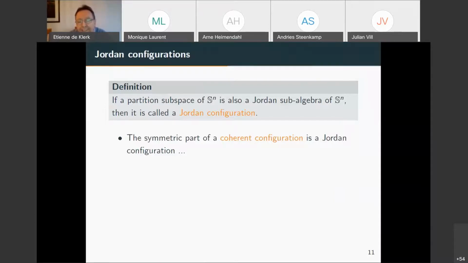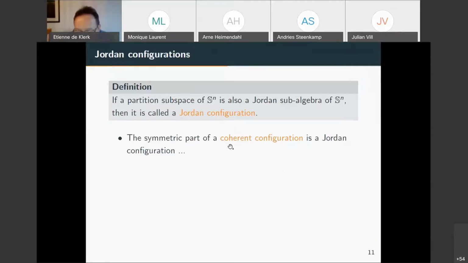So it's a kind of generalization of the idea of Jordan configurations to a non-symmetric setting. And then it follows that the symmetric part of a coherent configuration must be a Jordan configuration. So indeed, these objects are well studied.